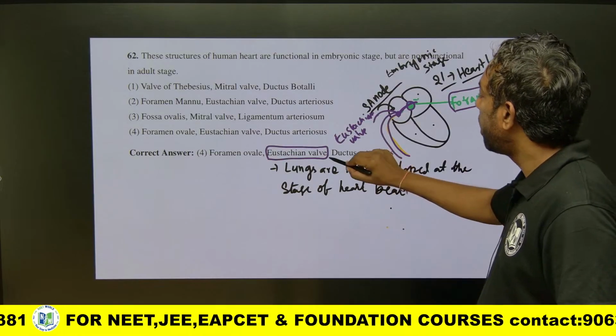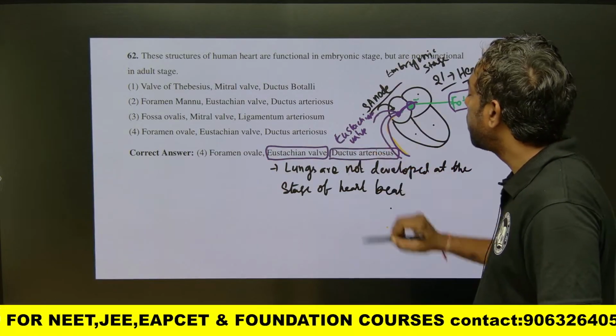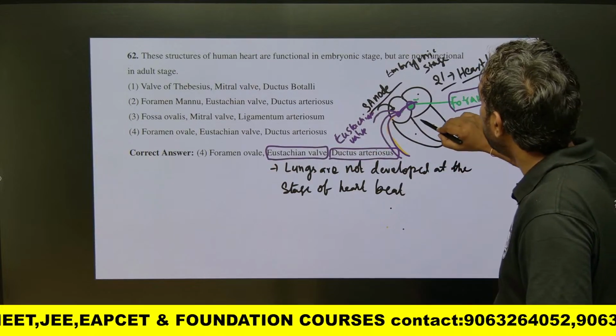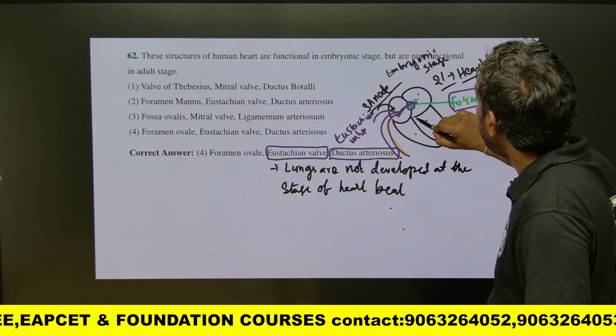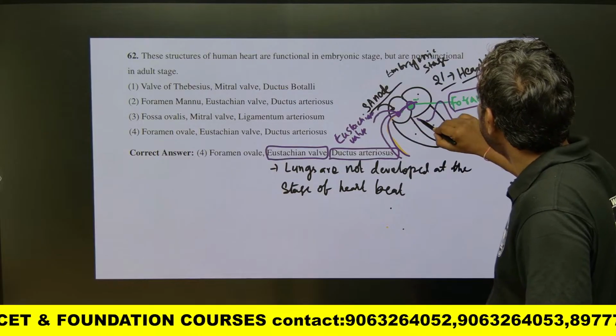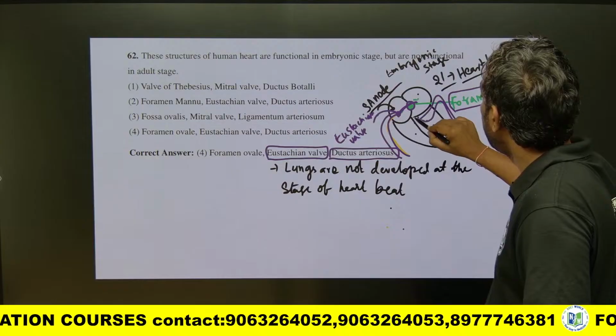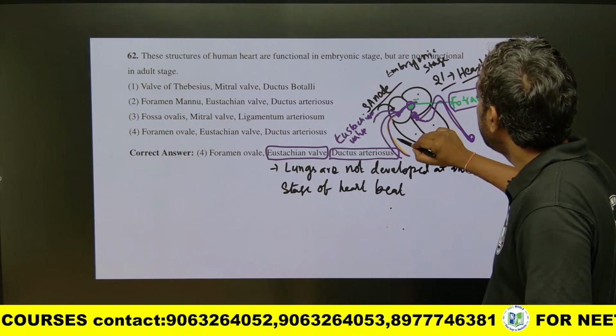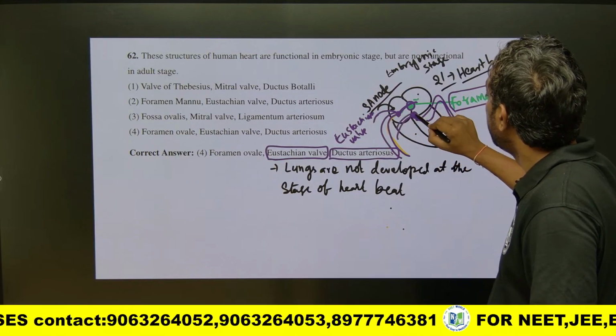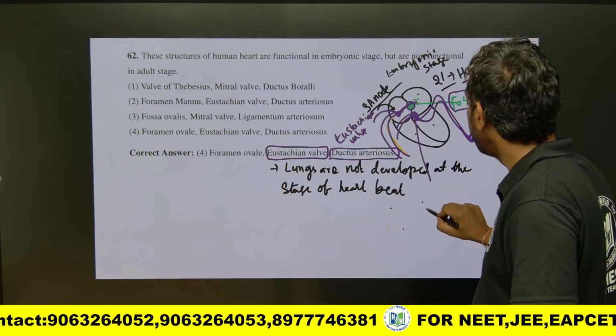And what about the ductus arteriosus? The ductus arteriosus is where the systemic aorta pumps blood to the body parts. Here there is an arch between them called the ductus arteriosus.